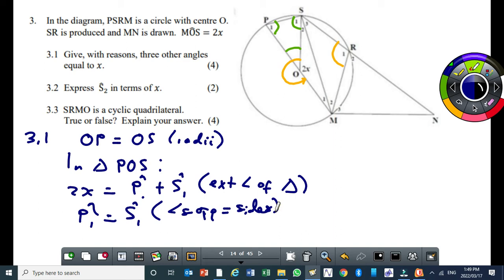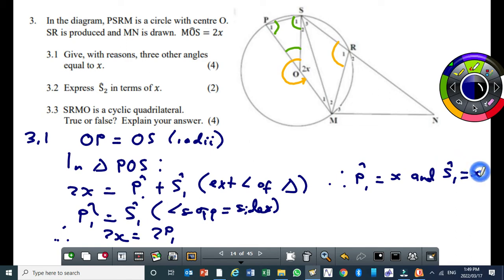Therefore, I can write here 2x is equal to 2P1. So what this means is that P1 is equal to x, and S1 is also equal to x. Are you following that?